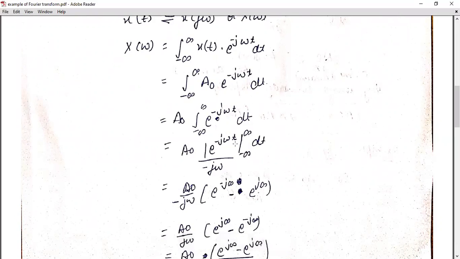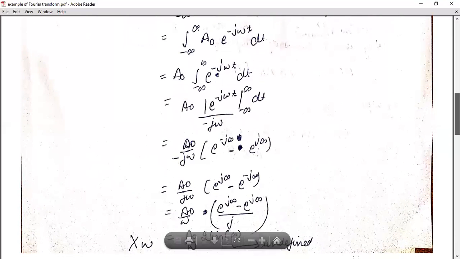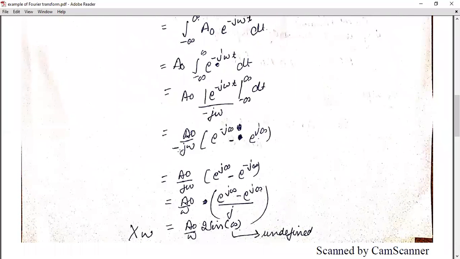Substituting the limits of infinity, we get e raised to minus j infinity minus e raised to j infinity. Taking the minus inside, we get a naught over j omega times e raised to j infinity minus e raised to minus j infinity, divided by j. We can write it in this form.